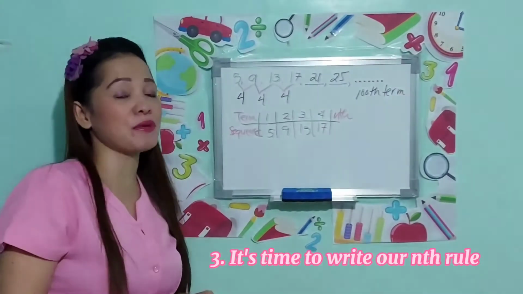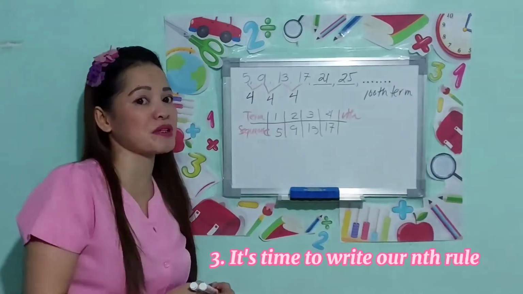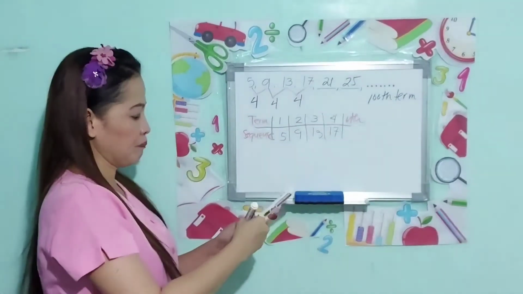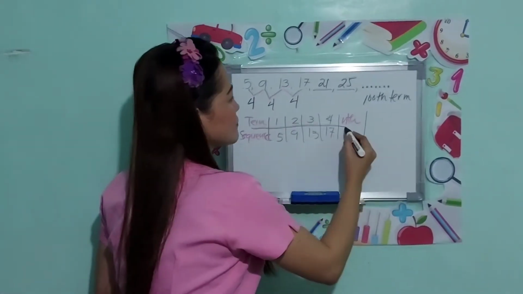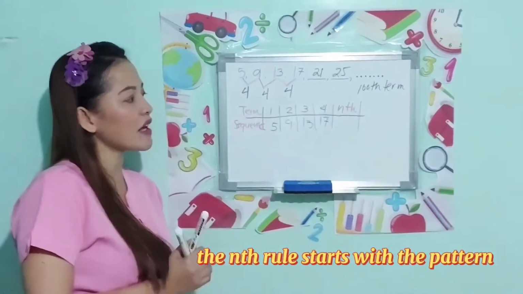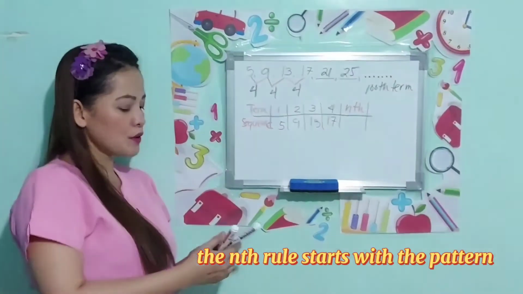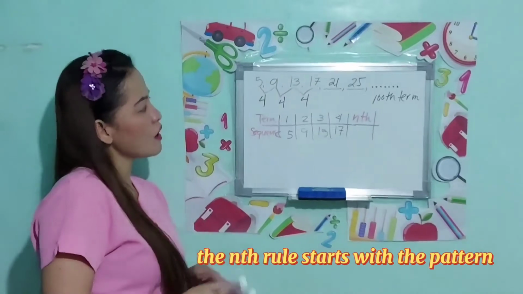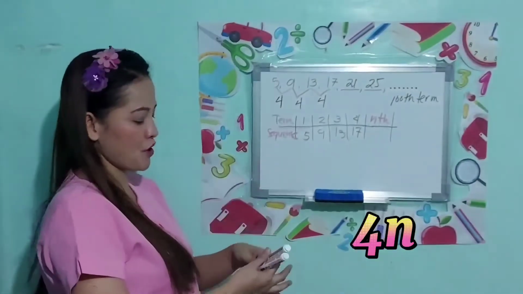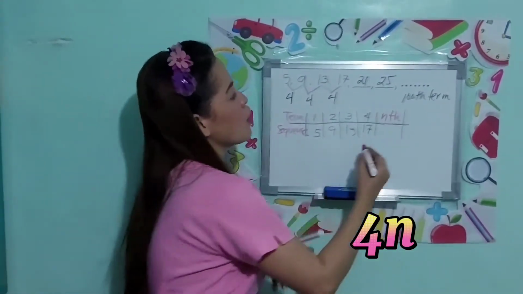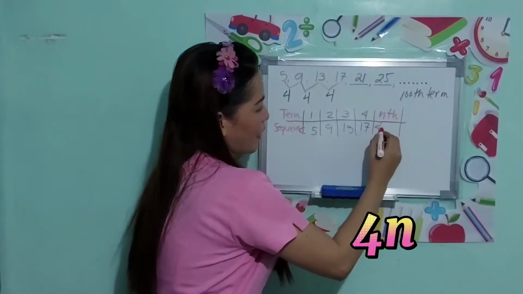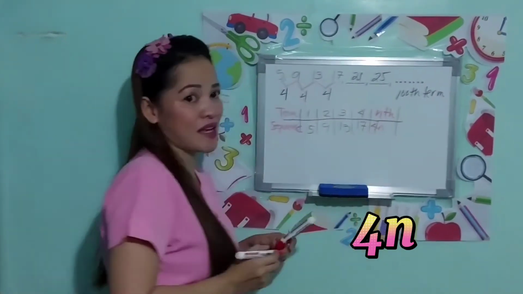Okay, earlier I said that we use n to represent a term. For us to find the nth rule, we will start with our pattern, 4. This will become 4n. n represents the term.